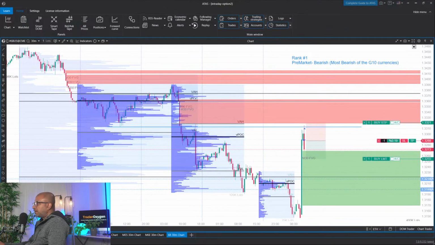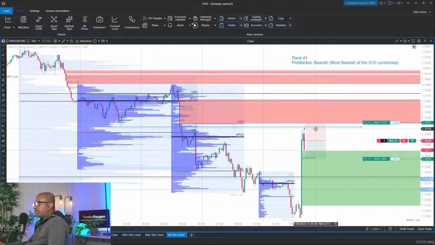Overall, the price is now pushing down as expected, because the price pushed up, but then the sellers absorbed the buyers pushing up over here.